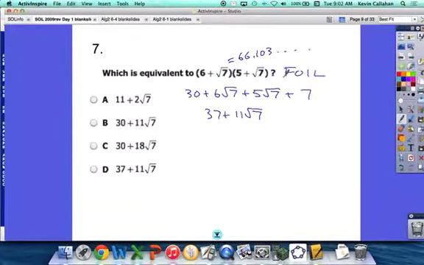And then when you combine these middle terms, 6 root 7 plus 5 root 7, remember, those are like radicals because they're the same kind of root, square roots, and they have the same number inside, the same radicand. So how do you add like radicals? You add the coefficients. So did you all get D? You had the decimal values like 66.103, and you went through these, and you finally got down to the last one, and it was D.